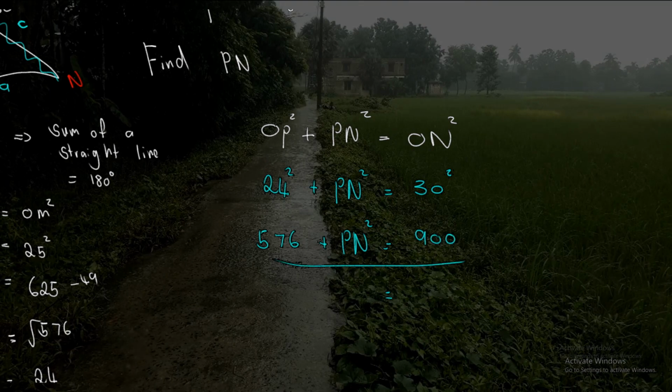Now I'm going to again transfer from left to right. This becomes negative 576, so PN squared is 900 minus 576, which gives me 324.